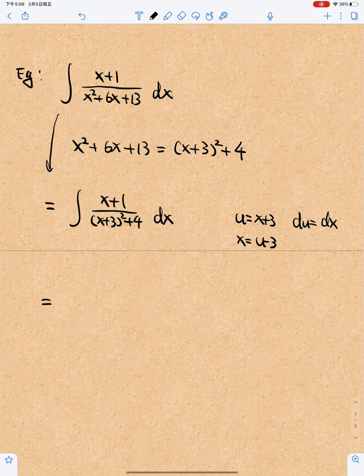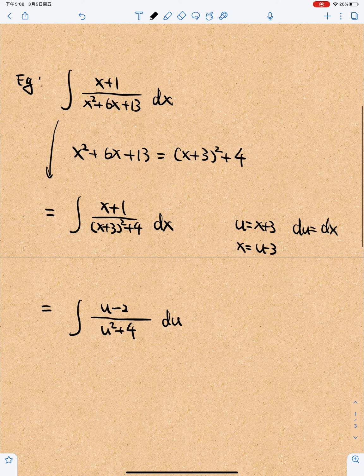After we substitute everything back, we get the integral of (u minus 2) over (u squared plus 4) du. You can see that after completing the square and applying this substitution, our integral is simplified. At the start, we have this middle term 6x on the bottom, but now we only have a degree 2 term u squared and a constant term 4.